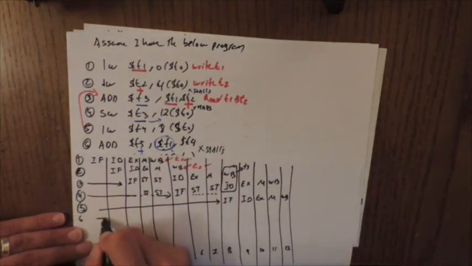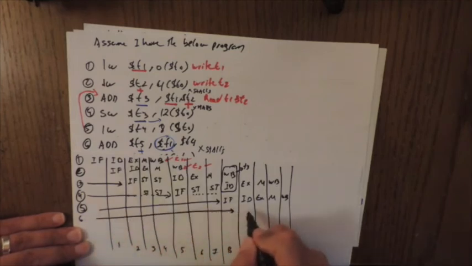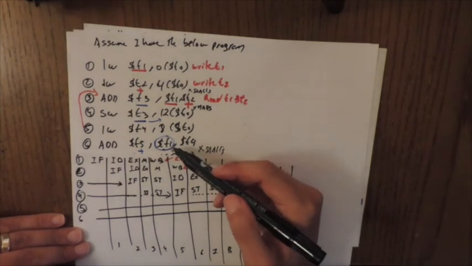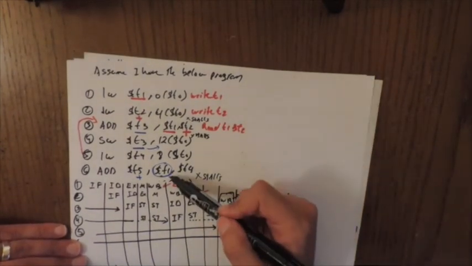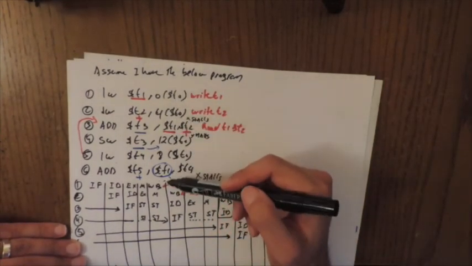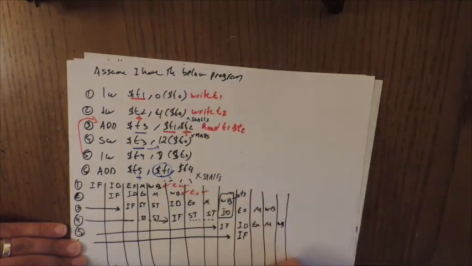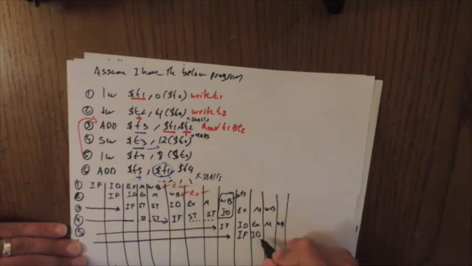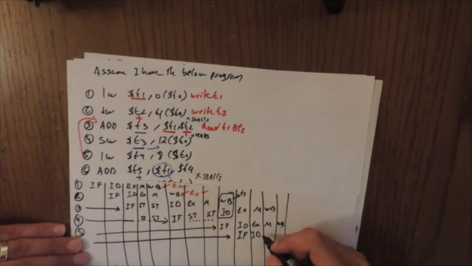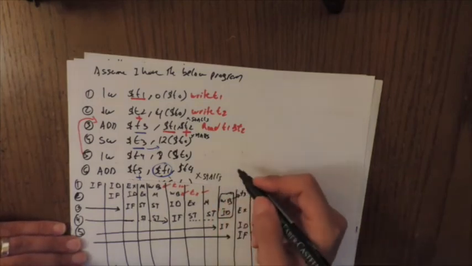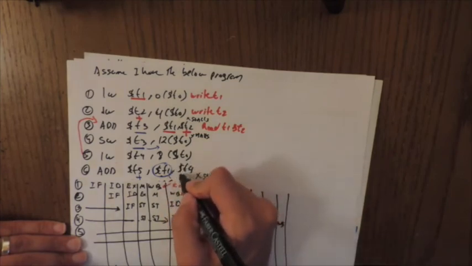With 6 we start directly under ID, and now we notice there is a dependency between 6 and 1. T1 here. However, T1 is ready at cycle 4 and I need it at cycle 10. So it's already updated its new value, and I can perfectly use it.